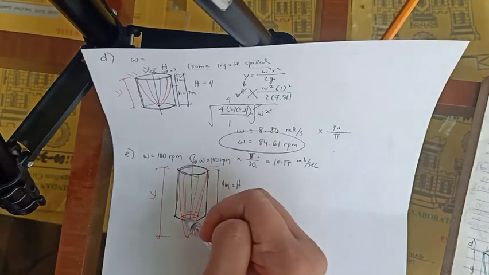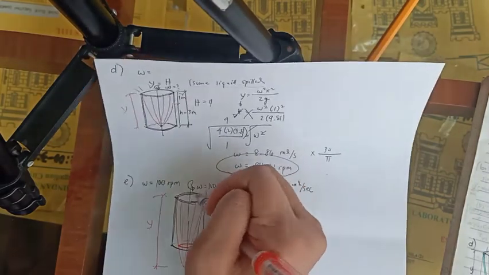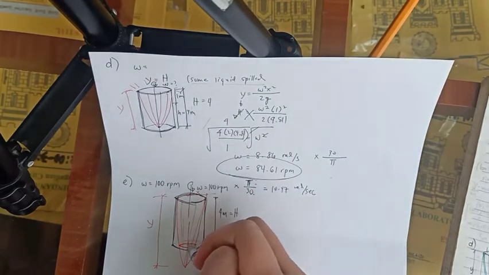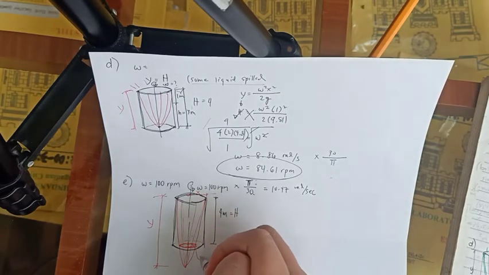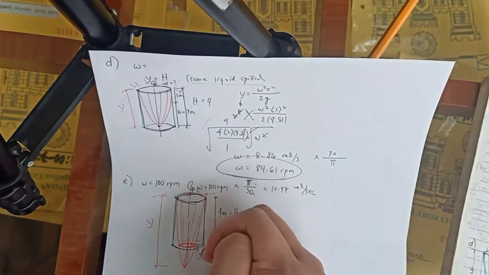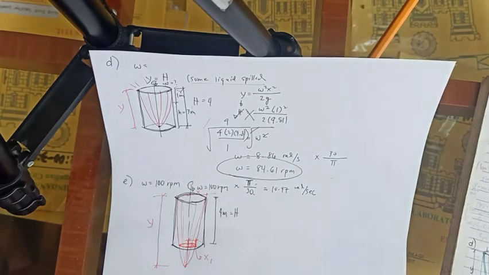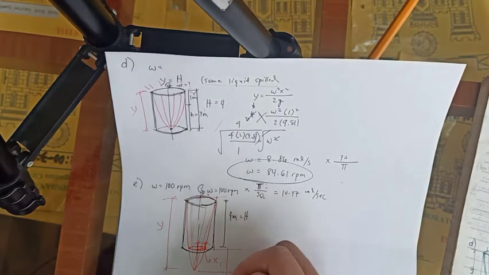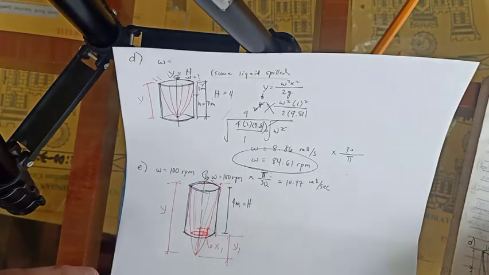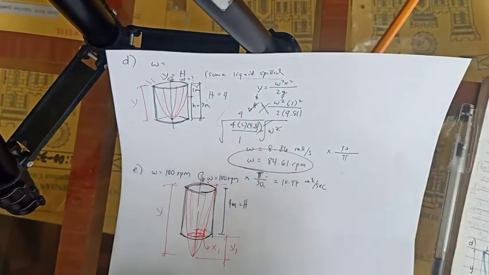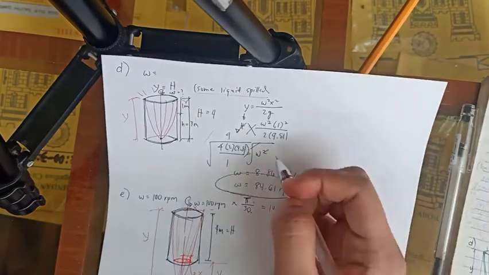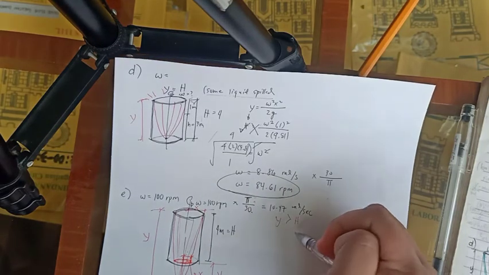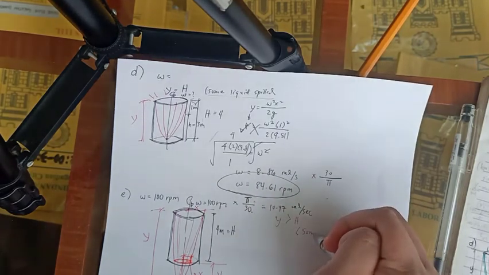As you can notice, this is the x, then I drew it already. So x sub 1, from here to here, x sub 1. If that is x sub 1, then this one is y sub 1. We need to find first the y. And again, the condition is y is greater than h and some liquid spilled.